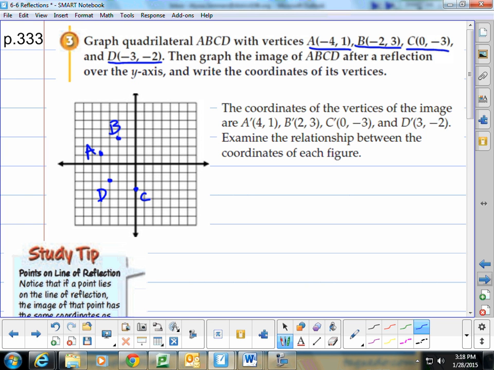Hopefully I did that right. A little nervous about it. So we'll connect the lines for those, make our quadrilateral, four-sided figure, ABCD. Looks pretty good to me.